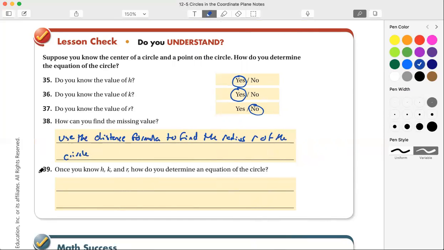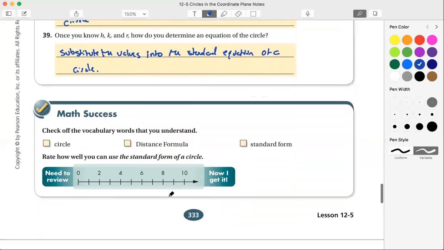You substitute the values into the standard form, or standard equation, of a circle. And that's the end of this section.